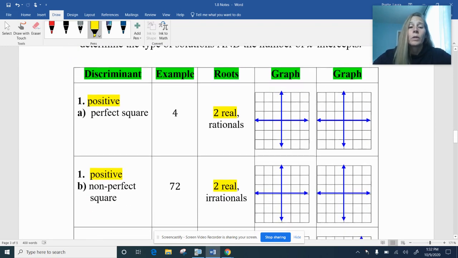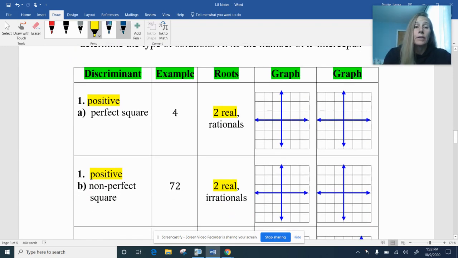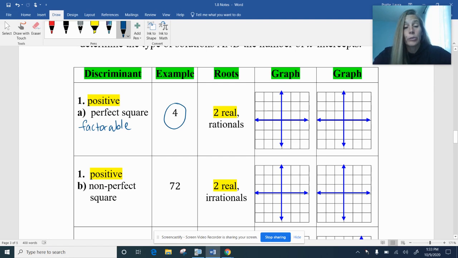If the discriminant is a positive number, like 4, which is also a perfect square, this would mean that the quadratic equation itself would be factorable if you were trying to factor it. And it means that it has two real, rational x-intercepts or roots.